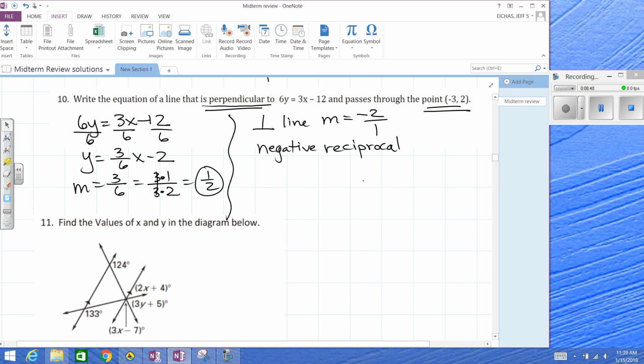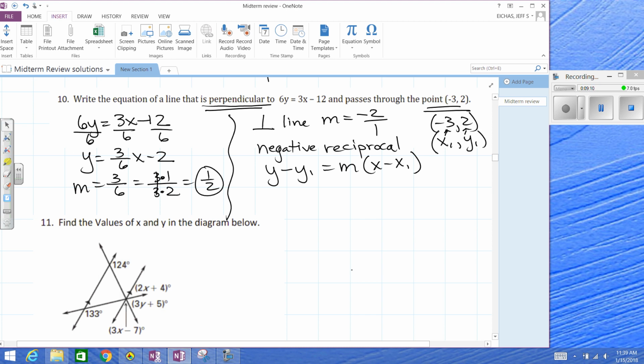Now, what I like to teach is point slope form, which is the intent of this problem. Okay? Now, what's the point x1, y1? Well, our point, negative 3, 2, that's x1 is negative 3, y1 is 2.